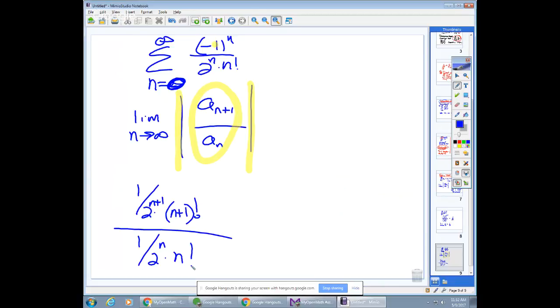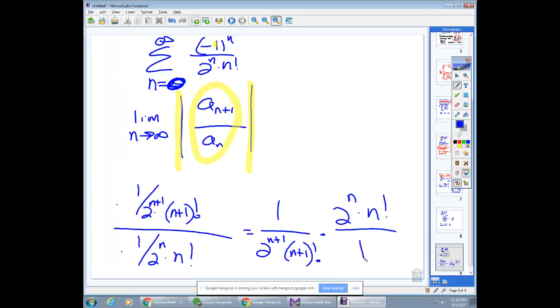Quickly, we realize that since we're dividing by fractions, it's easier to multiply by the reciprocal of the second one. So this is 1 over 2 to the n plus 1 times n plus 1 factorial, times the reciprocal of the bottom one, which is 2 to the n times n factorial over 1.